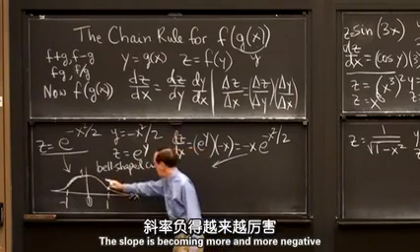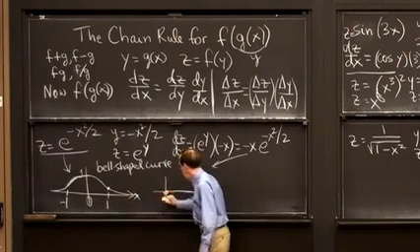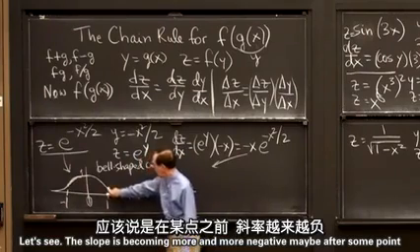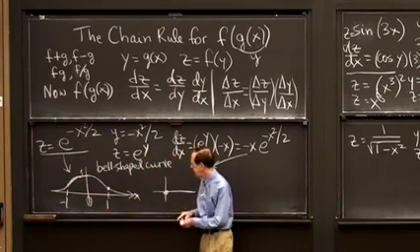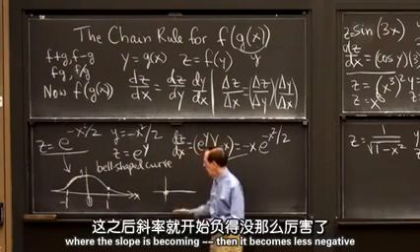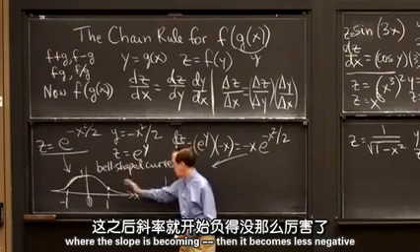The slope is going down. The slope is becoming more and more negative, maybe up to some point. Actually, I believe it's that point, where the slope then becomes less negative. It's always negative.